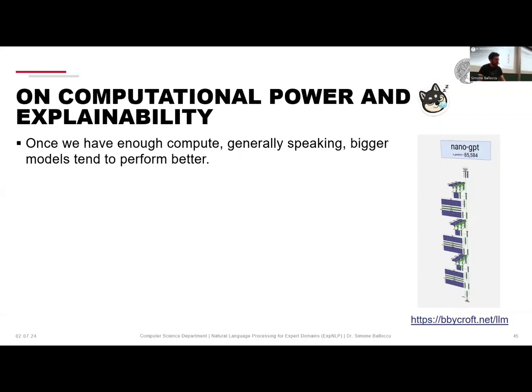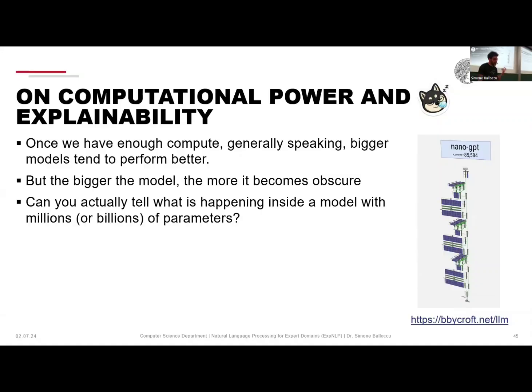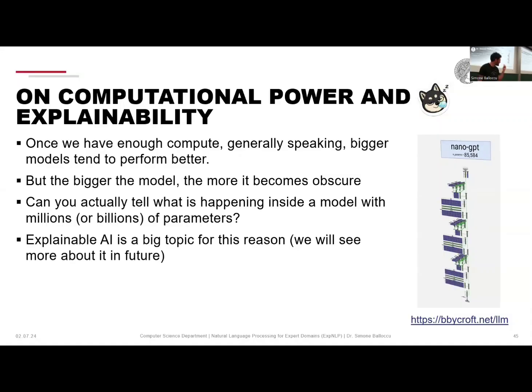Also, once we have enough compute, generally speaking, yes, bigger models work better. But the more you increase the size of the model, the less understandable it becomes. So can you actually see what is happening inside a model which has billions or millions of parameters? No, but that's why there is a huge topic, explainable AI, which you will see in a later lecture.